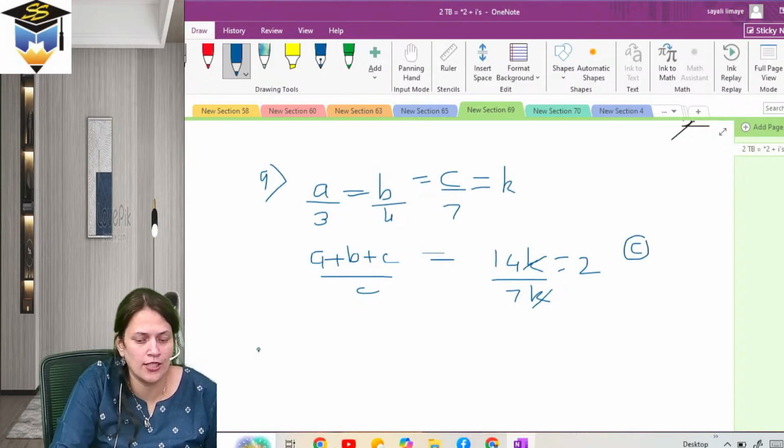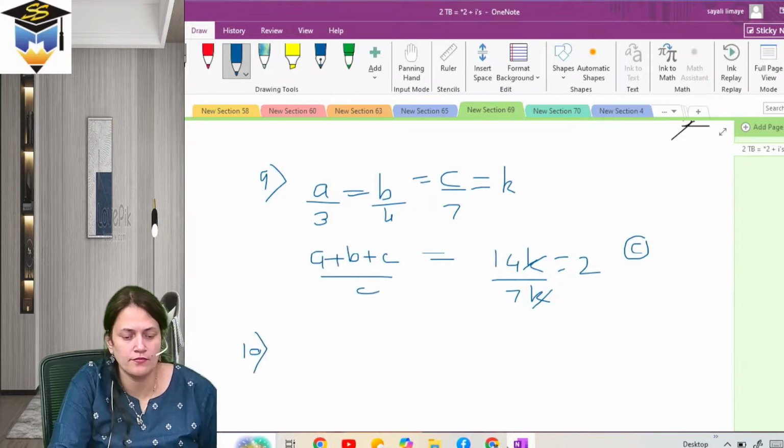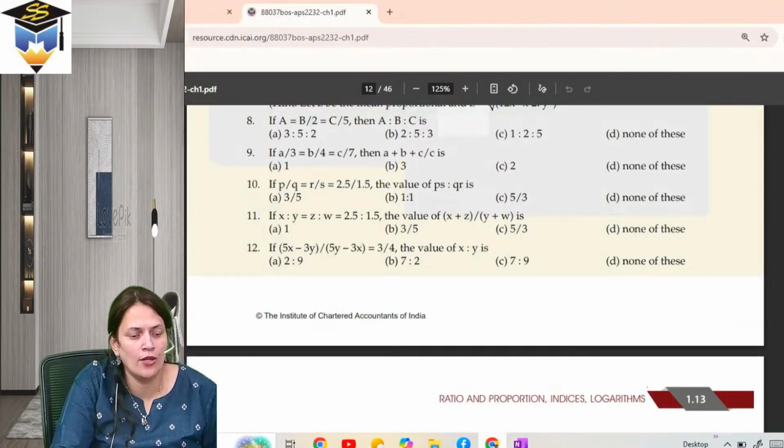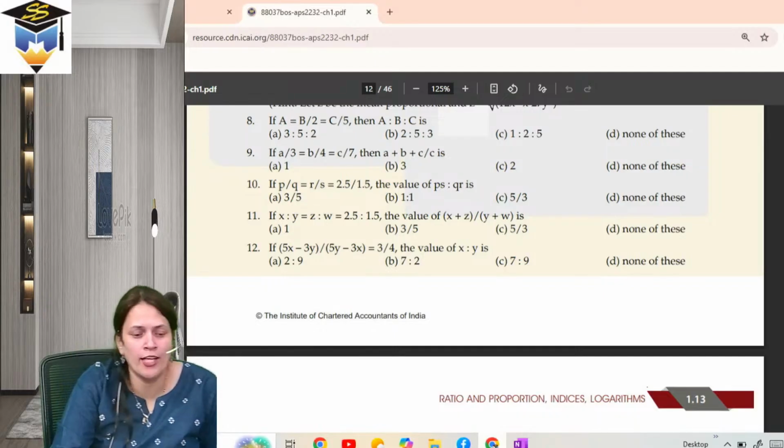Now let us do the 10th one. Now P upon Q equal to R upon S is equal to 2.5 upon 1.5.